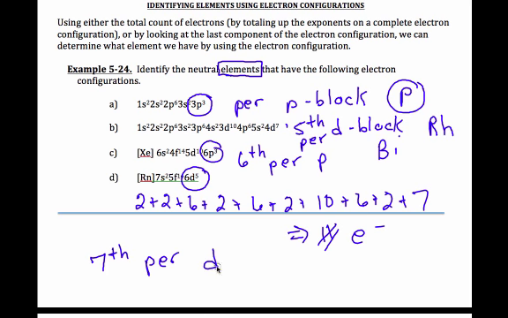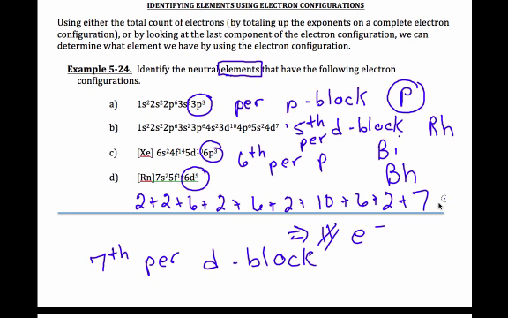So I'm going to go to the 7th period, the D block, and I'm going to count in 5. And I get Bh, and that is bohrium. Okay?